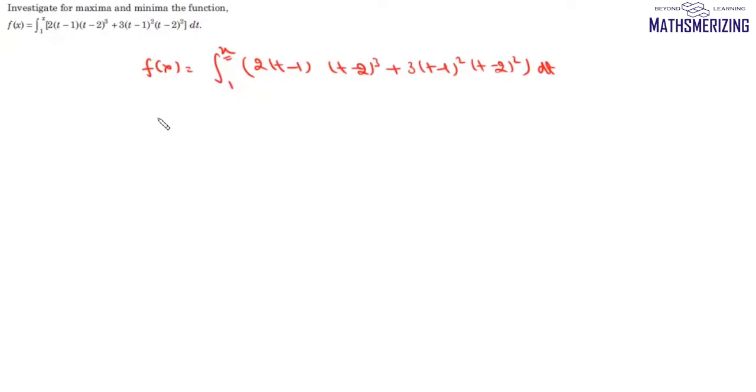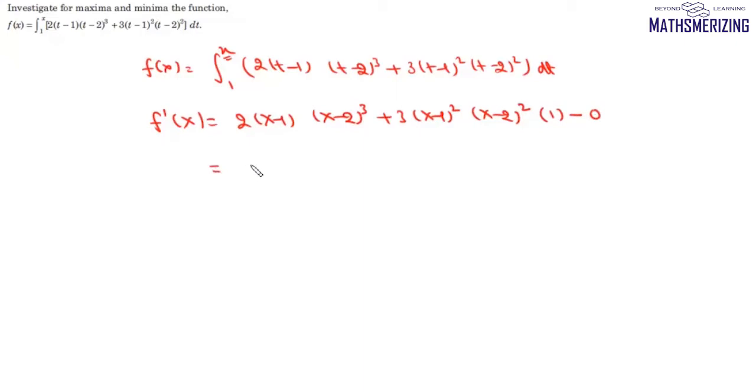Now what we'll do is for maxima and minima, we'll differentiate this function. We'll find f'(x). Now in place of t, we'll put the upper limit. So it will be 2(x - 1)(x - 2)^3 + 3(x - 1)^2(x - 2)^2, and then the derivative of the upper limit, it is 1. Minus, now the lower limit is constant, so its derivative will be simply 0.